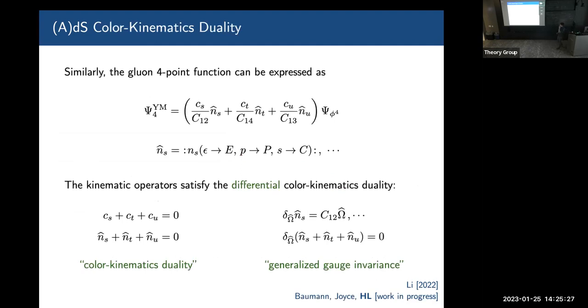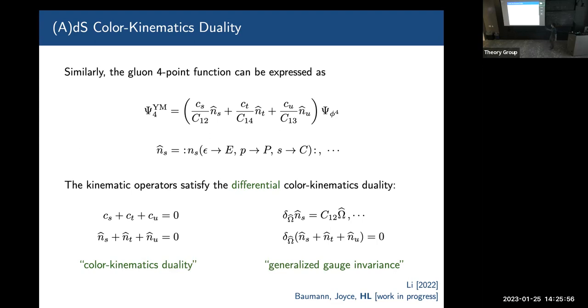All right, in the final 5 minutes, let me quickly show you how the double copy works for 4-point functions. We do exactly the same thing as before. We take the amplitude expression, go through this bunch of replacements, and do the proper ordering of the operators. Now we have the same color factors appearing with the propagators replaced by these Casimirs acting on some 4-point seed function.